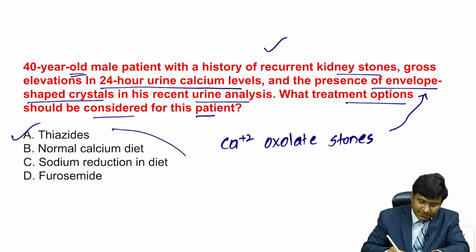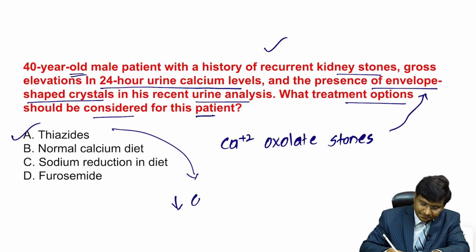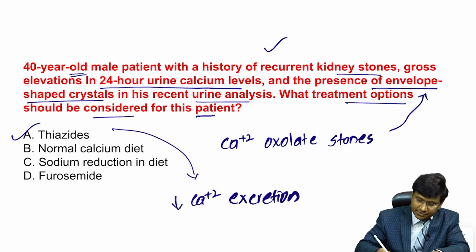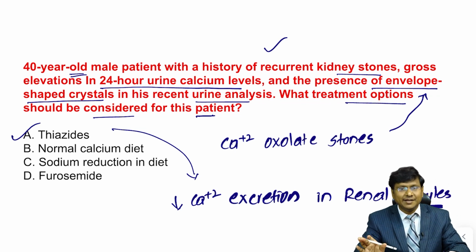Why? Because these thiazides will reduce the calcium excretion in the renal tubules. So the answer here is thiazides.